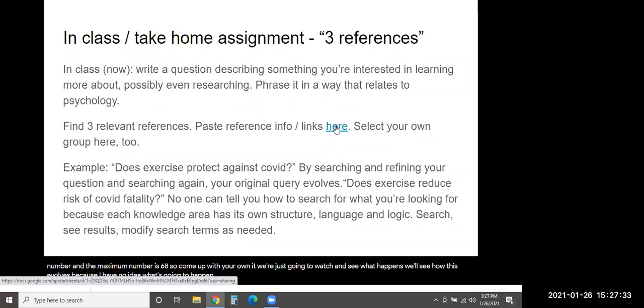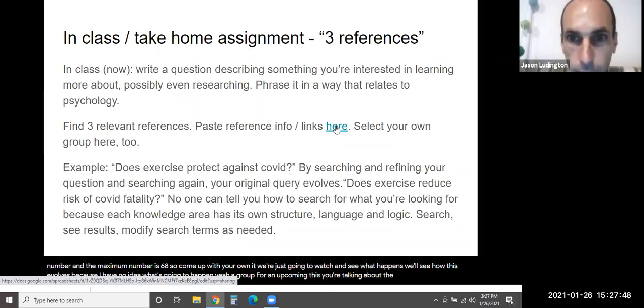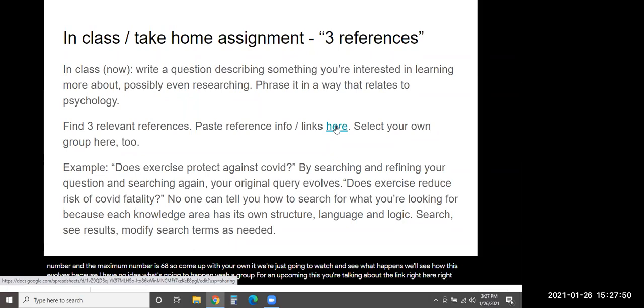Mr. Jason, for the in-class assignment and the take-home assignment, we do this separately, and then after that, we select a group for an upcoming assignment. This, you're talking about the link right here, right? Yeah, because after that, it tells us to select our own group, but then we would have to do the finding the 3 references and writing the questions ourselves, right?